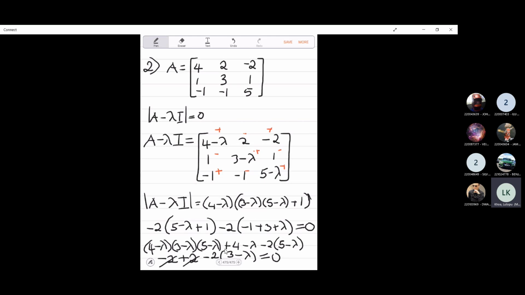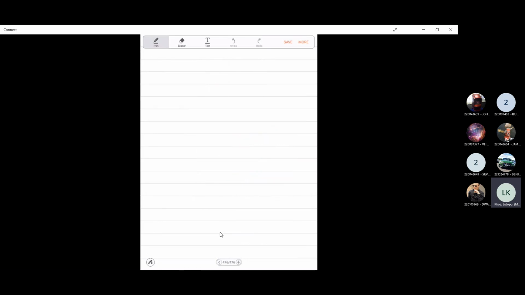Okay, so I have 4 minus 10 when I multiply that out, and then minus 6, which is -12. So this one here, I'll leave it the way it is for now. I have 4 minus lambda, 3 minus lambda, 5 minus lambda.